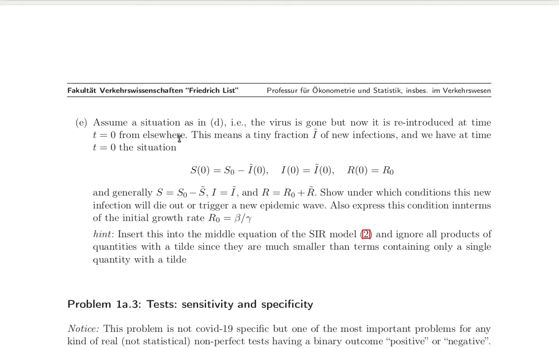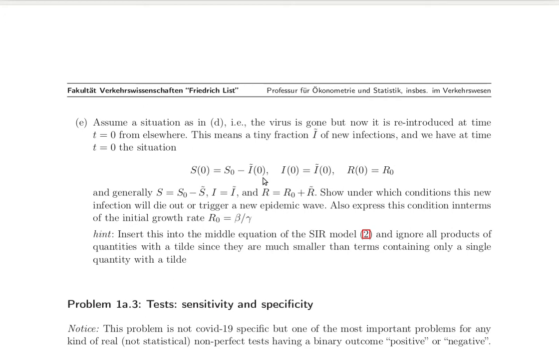So it's reintroduced at time t equals 0 from elsewhere, and now we have a tiny fraction I tilde of new infections, and so at time 0 we have a situation where a tiny fraction of the susceptibles is infected, so the new initial condition is the steady state minus the small new infection, and the infection rate, because in the steady state it was 0, is just the small new infected, and at the initial the recovery rate is still the same. It's like the steady state. So this is just the initial conditions.